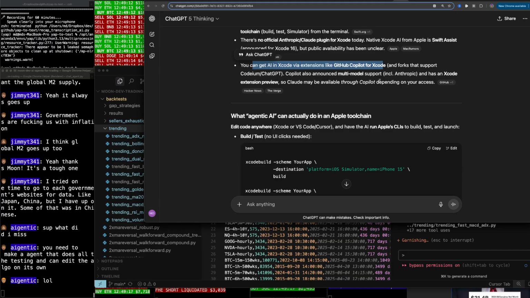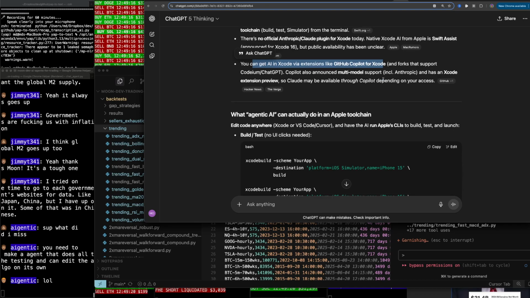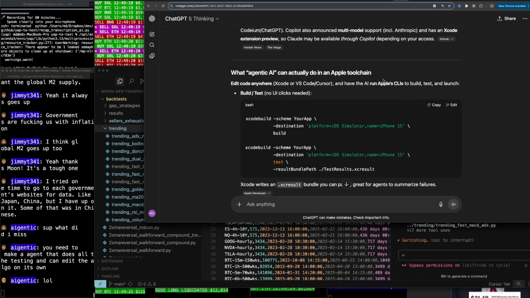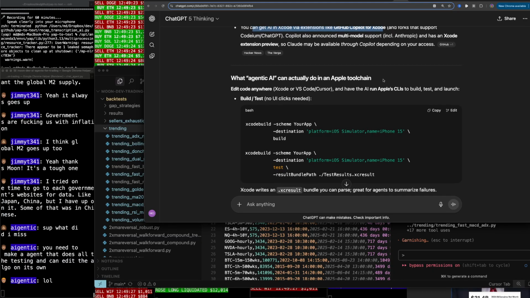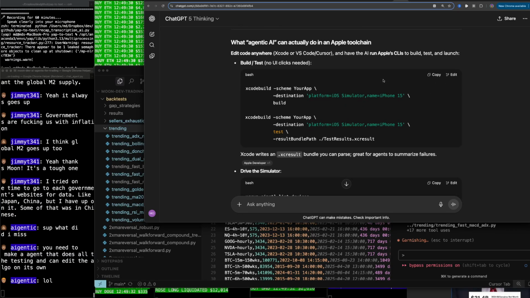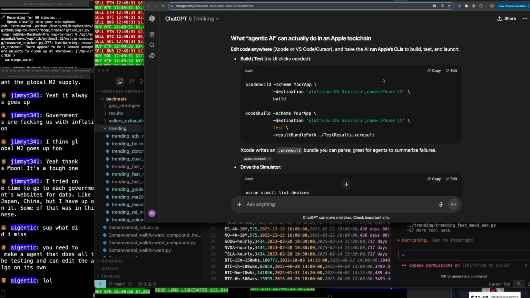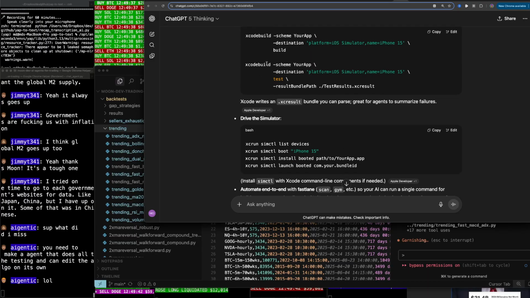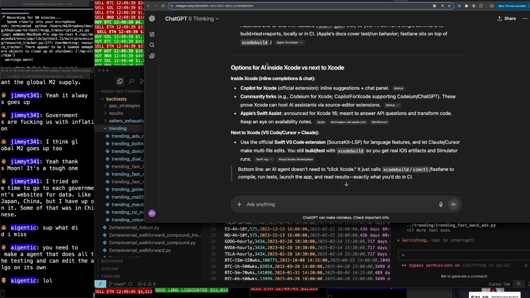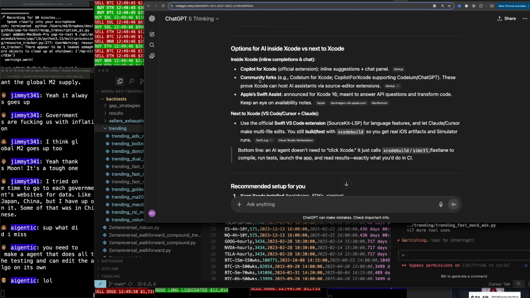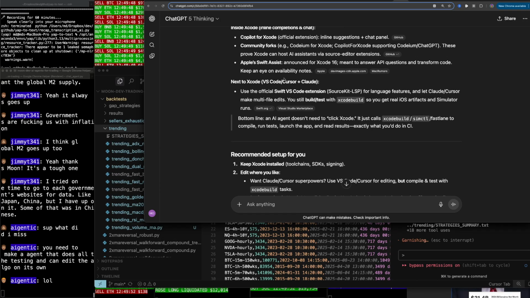Copilot also announced multi-model support, including Anthropic, and has an Xcode extension preview, so Claude may be available through Copilot, depending on your access. What can agentic AI actually do in an Apple toolchain? Edit code anywhere, Xcode, VS Code. Options for AI inside of Xcode: Swift Assist.